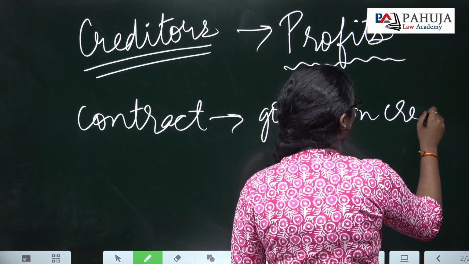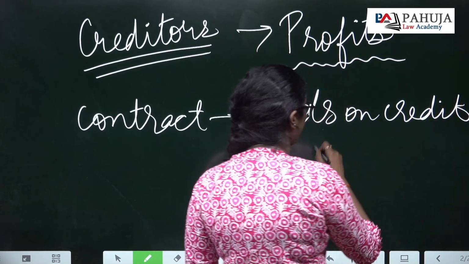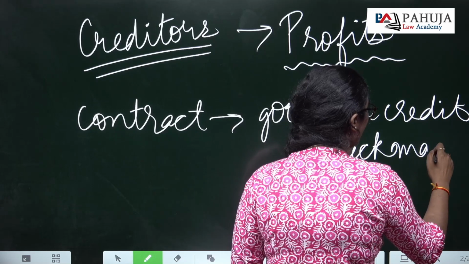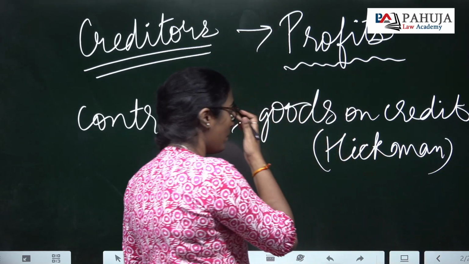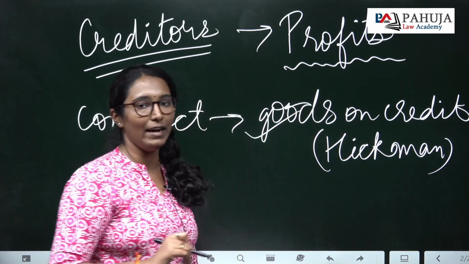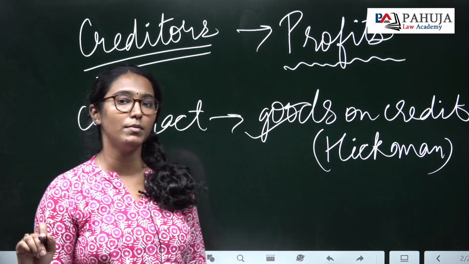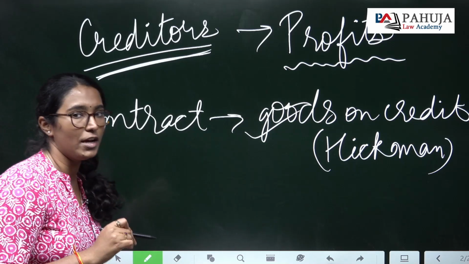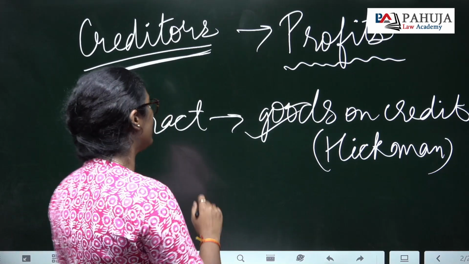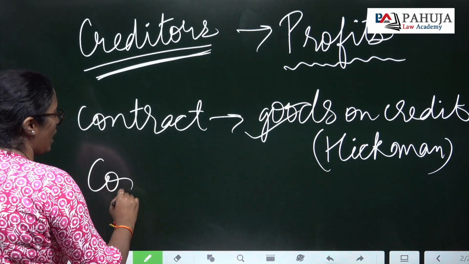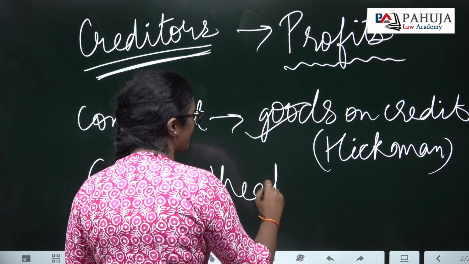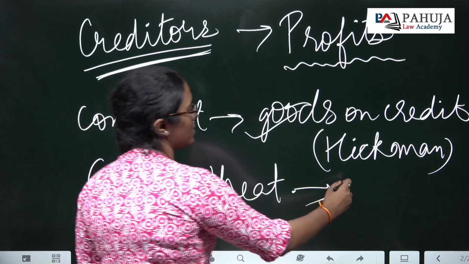this person who was the defendant, Hickman, wanted to recover his money for the goods that he had delivered. So Hickman sued the creditors as well. Hickman contended that Cox and Wheatcroft are partners.